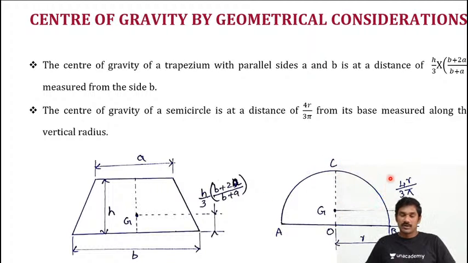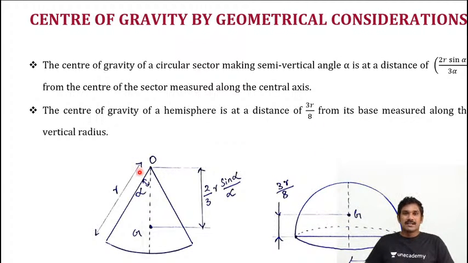You should go about only the x-axis. About the x-axis it is not symmetrical, so you have to find the position from the baseline. Remember, it should be taken from the baseline. The height is 4r by pi, where r represents the radius. Clear? Good.